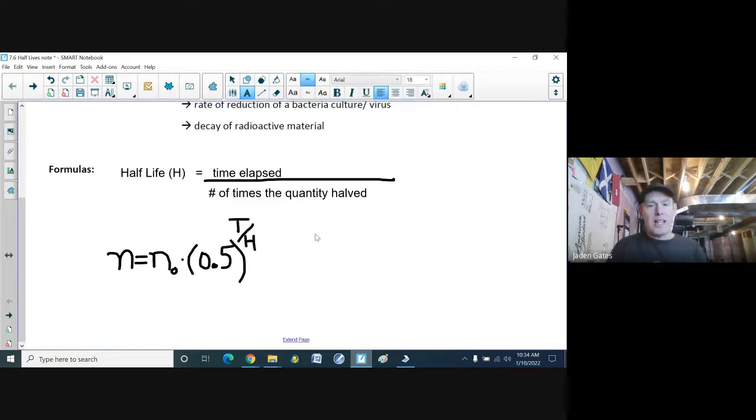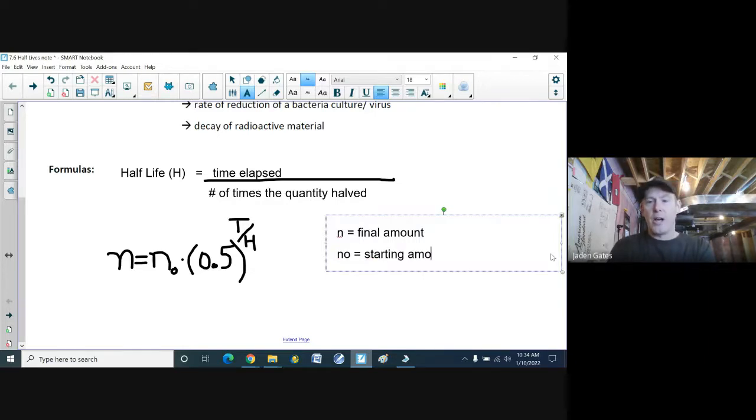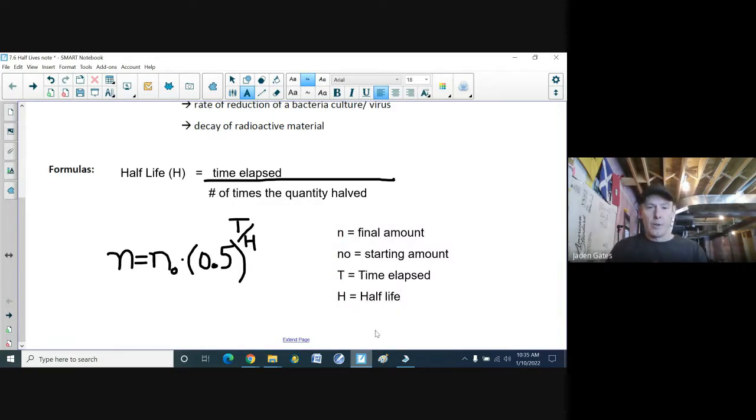So it's almost the identical formula we had before, where N is our final amount. Our N naught, if you will, is our starting amount. Those are the same. T is the same as where we have our time elapsed. And then lastly, h is our half-life of whatever we're talking about. There we go. And of course, the 0.5 there is a little bit different because we're talking about half-lives, not doubling times.